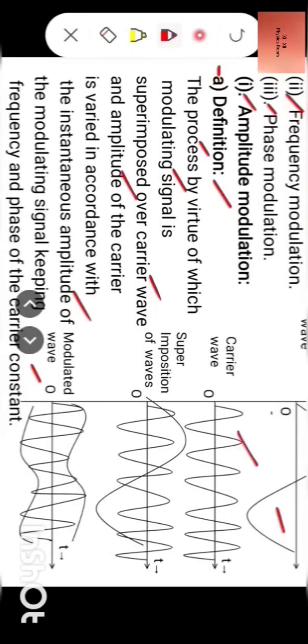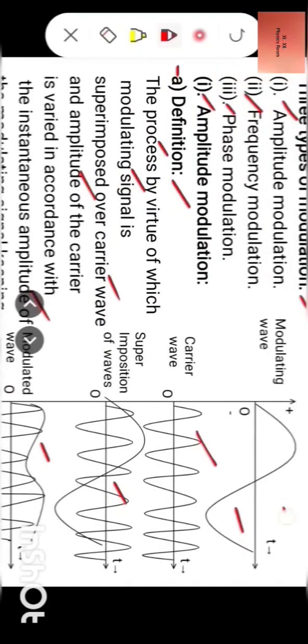I repeat, the process by virtue of which modulating signal is superimposed over carrier wave, and amplitude of the carrier is varied in accordance with the instantaneous amplitude of the modulating signal, keeping frequency and phase of the carrier constant. So this is the final modulated wave.